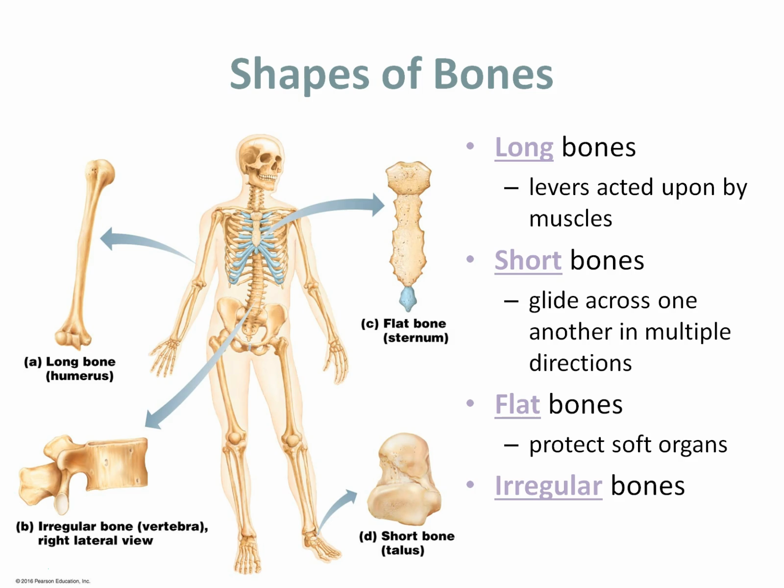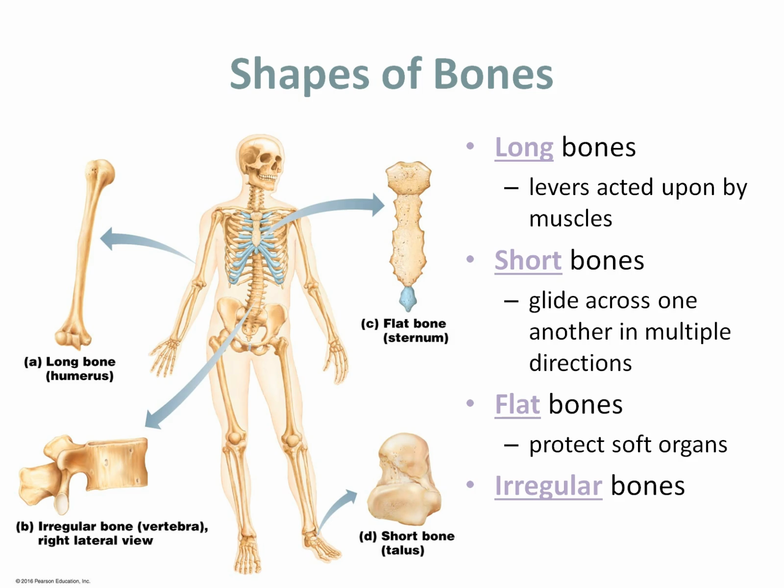Long bones are going to be longer than they are wide, and these are generally levers that are acted upon by muscles. Some examples of these are the humerus, femur, ulna, radius, tibia, and fibula. Short bones glide across each other in multiple directions.